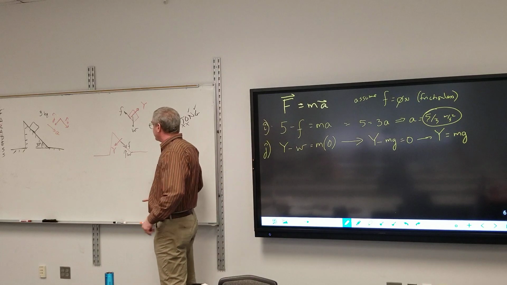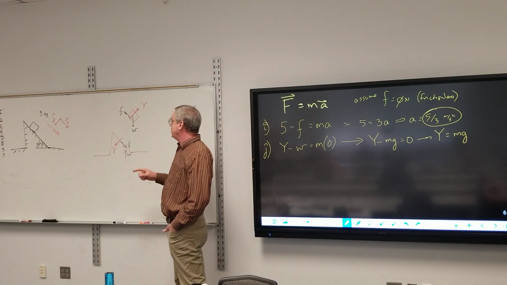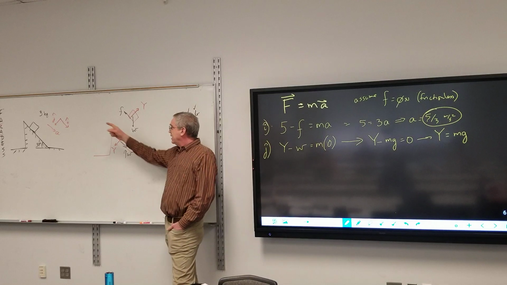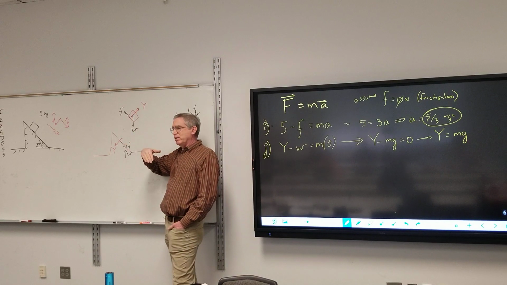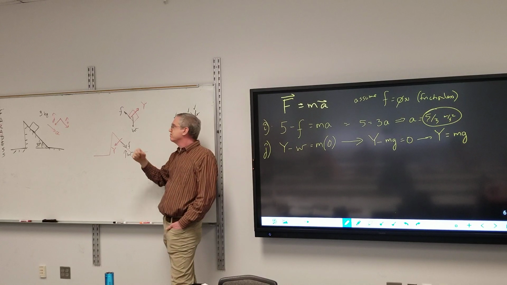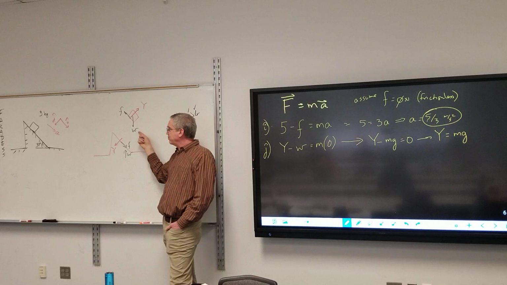So first off, we have to figure out what needs to be broken up. What gets decomposed? Given our I hat, J hat, which of these forces are not in plus or minus I hat or plus or minus J hat? Okay. That is the only one not in that. Try that one again.